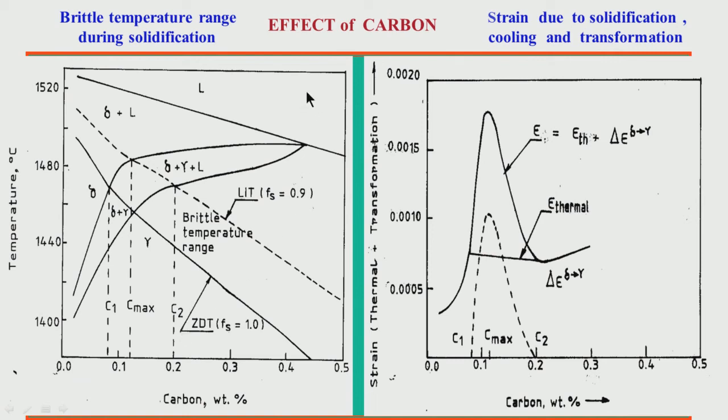That means you can find out the range of carbon within which there is a possibility of crack formation in this brittle temperature range, that means towards the end of solidification.